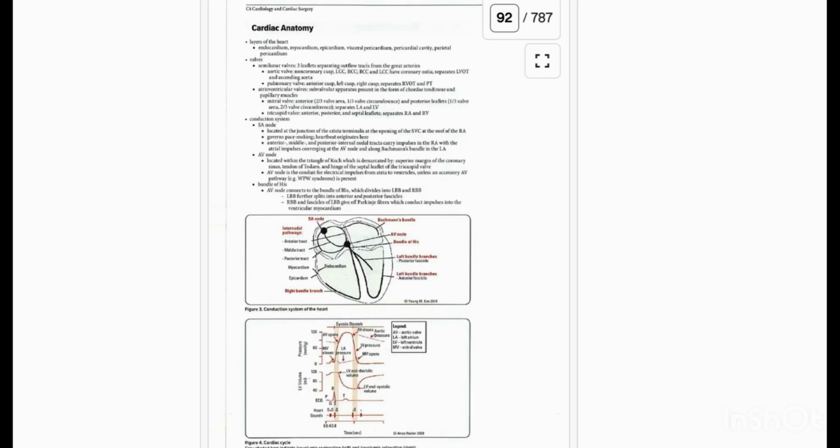This initiates the period of isovolumic contraction, represented by the first gray vertical bar, where ventricular pressure surges while ventricular volume remains completely unchanged. Once left ventricular pressure exceeds the pressure in the aorta, the aortic valve opens.